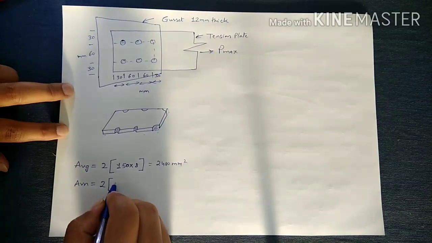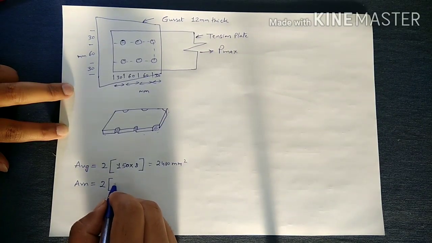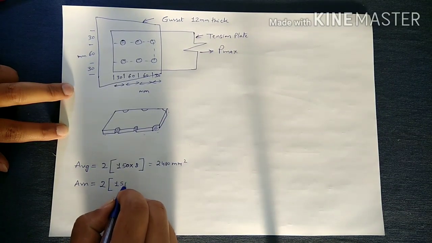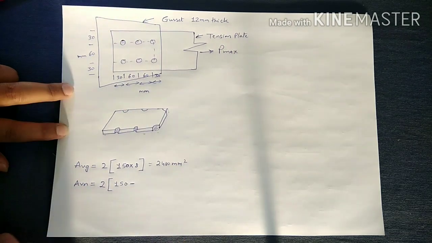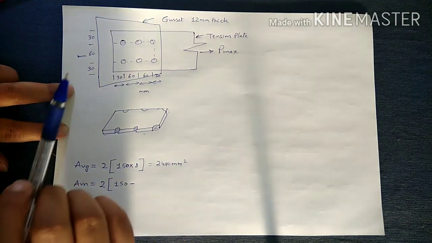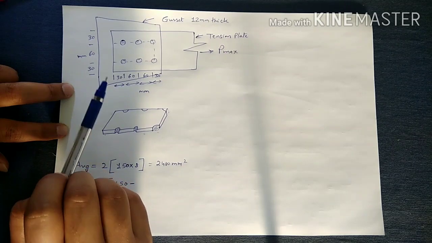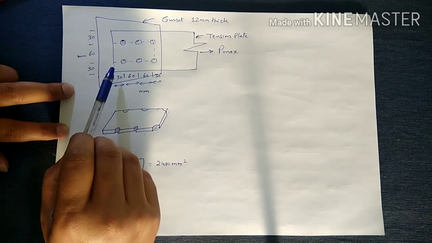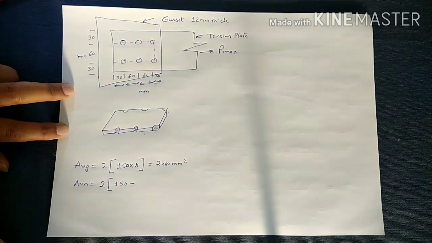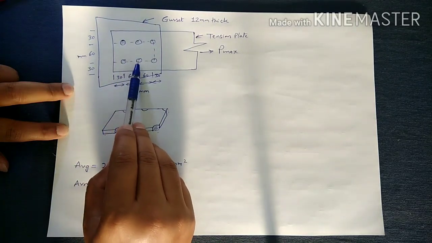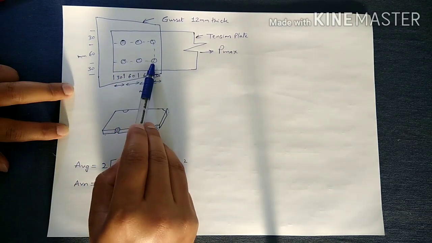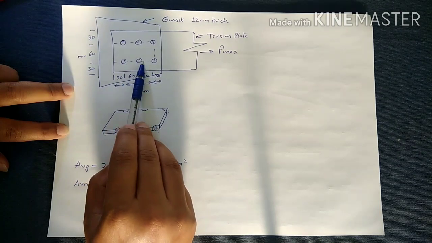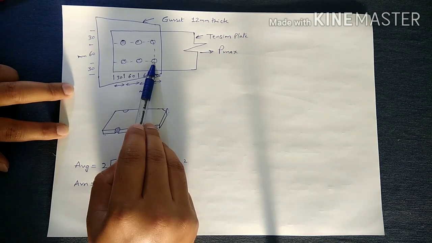That is B, that is 150, minus N. Now you have to see how many bolts are coming in this plane. So 1, 2, and this is half. This is half. 1, 2, and this is half.